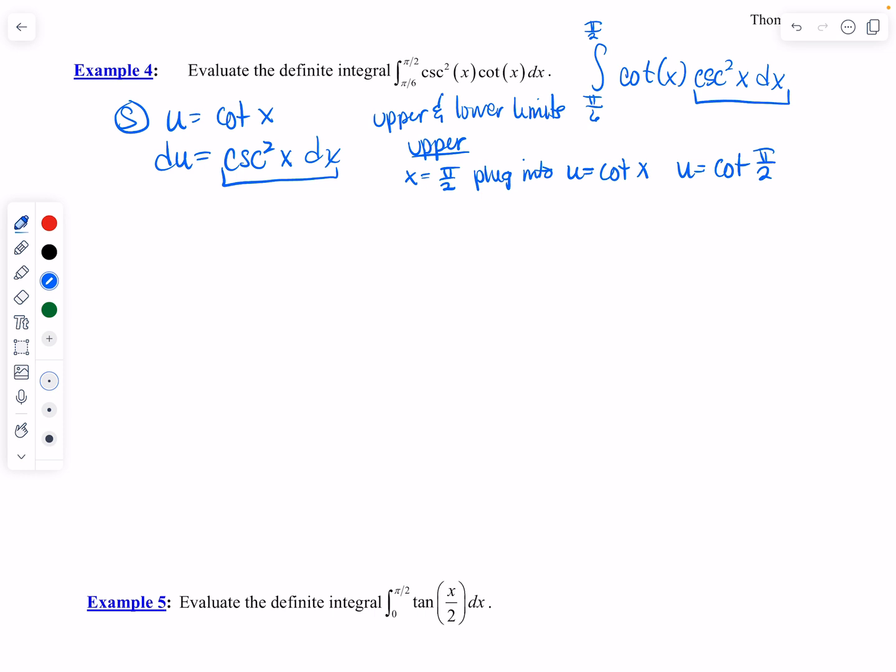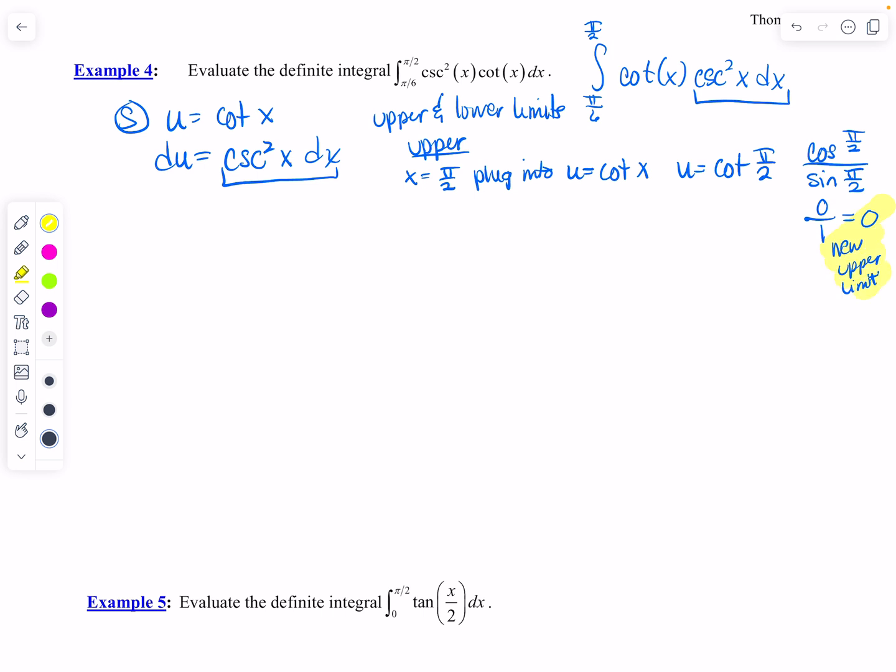Cotangent is the reciprocal of tangent, and tangent is sine over cosine. So this is cosine at pi over 2 over sine at pi over 2. Cosine at pi over 2 is 0 over sine at pi over 2, which is 1. So this is 0. So the new upper limit becomes 0.